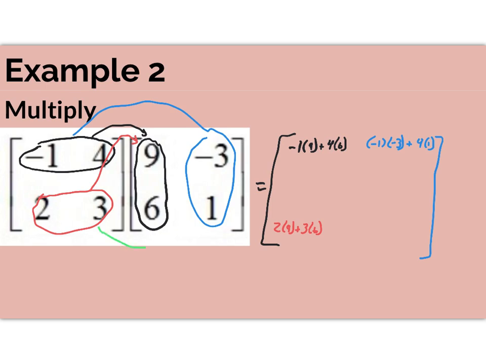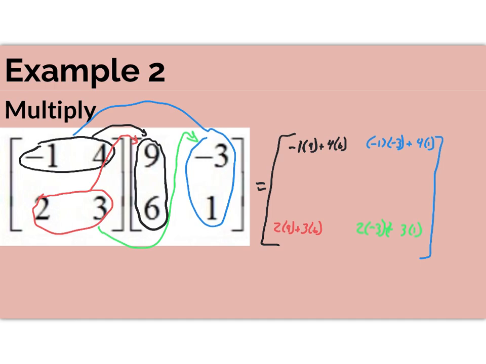So the second row in the first matrix is going to multiply the second column in the second matrix. So we have 2 times -3 plus 3 times 1.